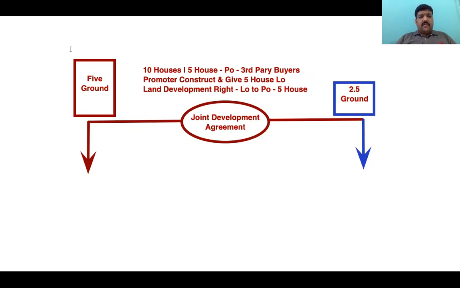That landowner believes that by keeping this 5 grounds of land as it is, I cannot do any great development. So let me wait for a builder to come and take this land.